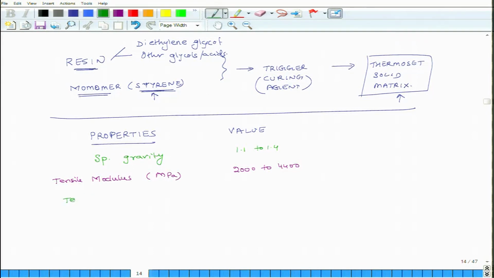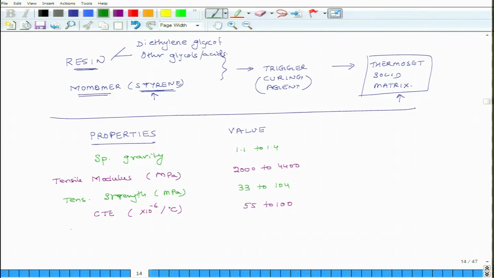Tensile strength, again in MPa, can range from 33 to 104. Coefficient of thermal expansion: units are 10 to the power of -6 per degree centigrade, and this is 55 to 100.